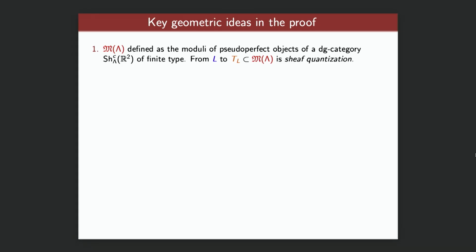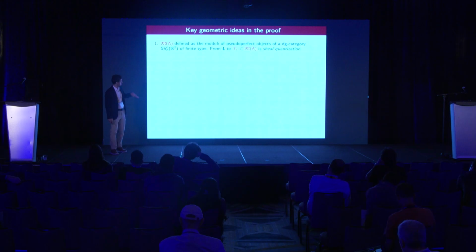And then you start to study that category. That category is nice enough, it's called finite type, such that you can extract a moduli of pseudo-perfect objects. This is work of Toën and Vaquié in their work on homotopical algebraic geometry. So what this space M_lambda is, it's a derived stack, but you can just think of some relatively nice space that's parameterizing certain kinds of objects with certain finiteness conditions inside of this category.